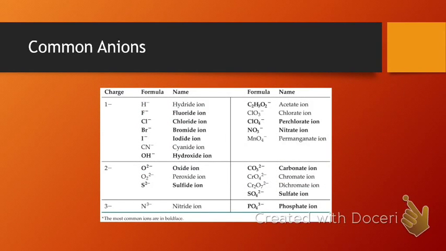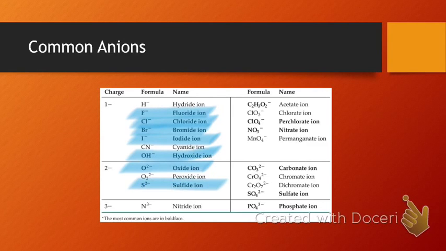On the anionic form, you need to learn the halides, fluoride, chloride, bromide, iodide, hydroxide, and it wouldn't hurt for you to know cyanide, because you'll probably just end up knowing cyanide from all of the practice problems that we do. We have oxide, which is O2-, and sulfide, which is S2-.